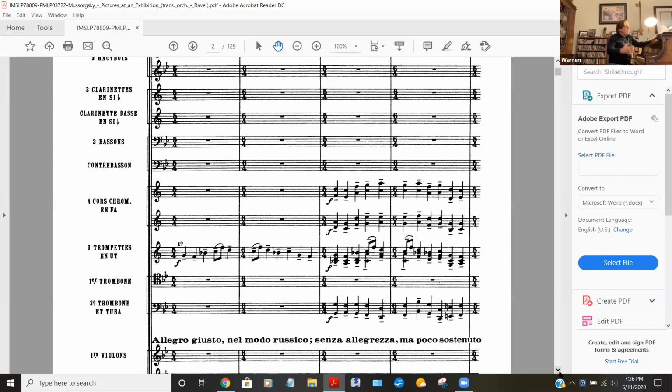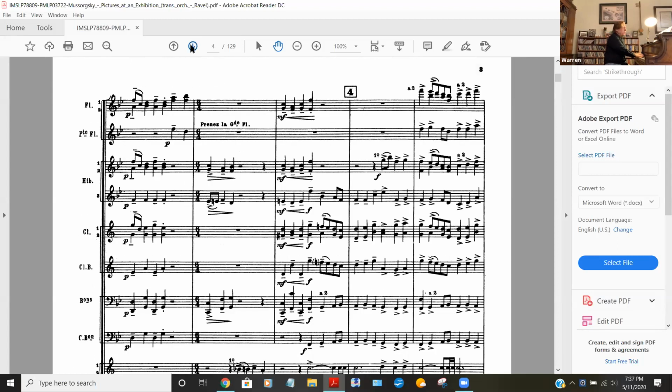And the idea is that he goes to a picture, then there's a promenade movement where he moves to the next picture. So the promenade starts off and you have that walking melody, and then the second movement is the first picture, and that's a picture of gnomes, okay?